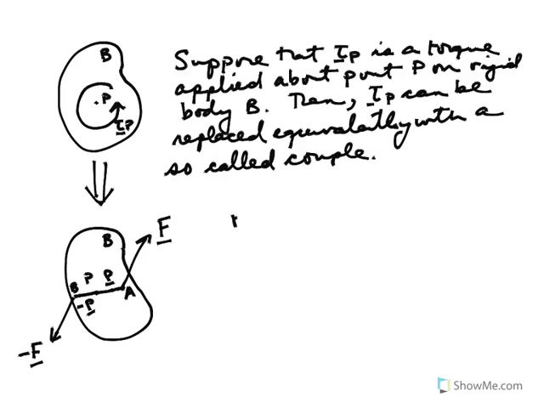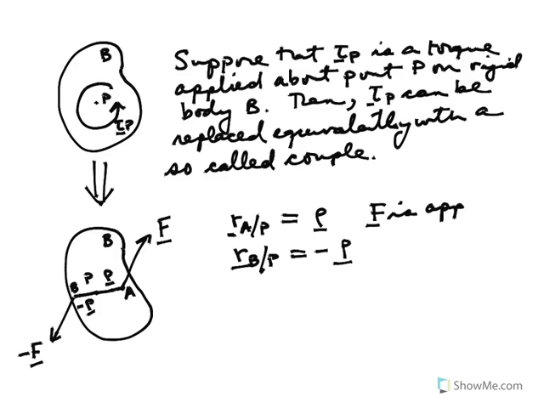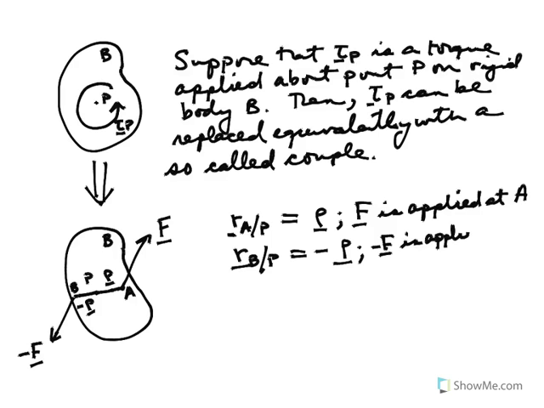So basically the position of A relative to P is equal to rho, and the position of B relative to P is equal to negative rho, and then F is applied at A, and negative F is applied at B. So the pair of forces F and negative F become a couple.